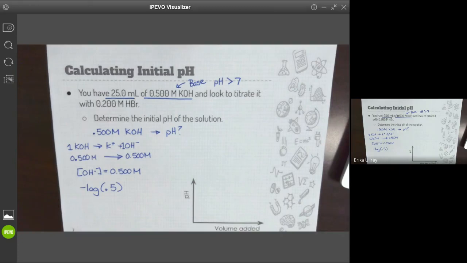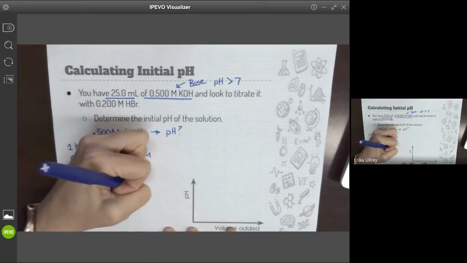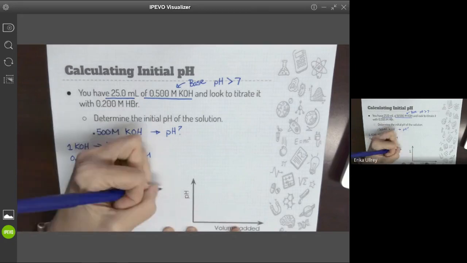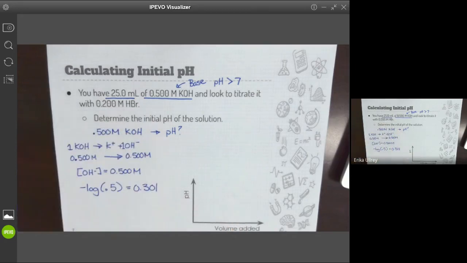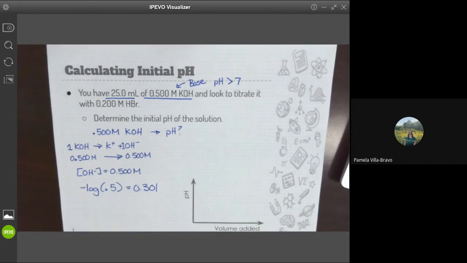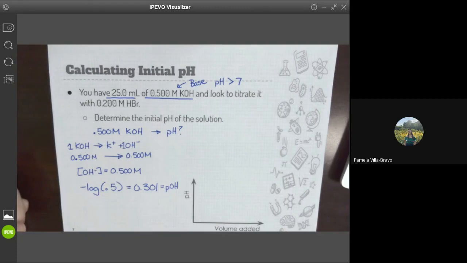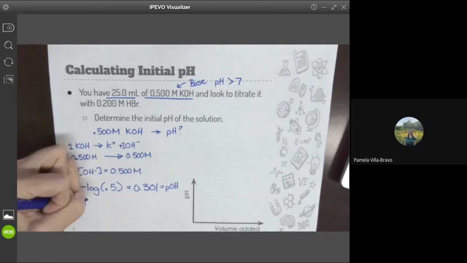Okay, so negative log of 0.5 gives us 0.301. Is that a pH or a pOH, Pamela? That's our pOH. In order to go to the pH, we'll have to do 14 minus. Yeah, so now we're going to do that 14 minus.